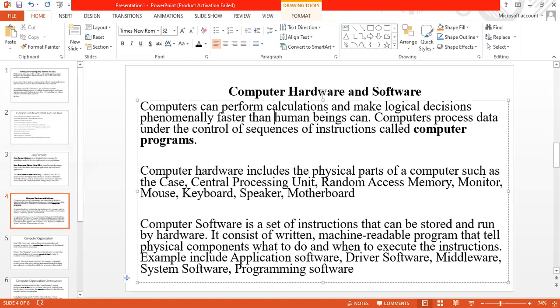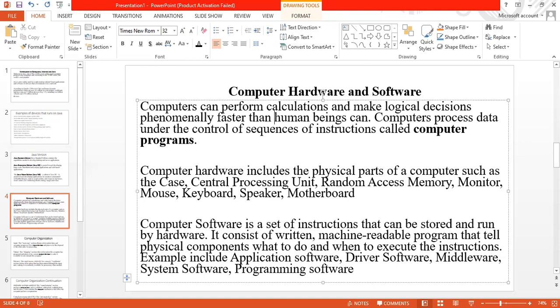While the computer software is a set of instructions that can be stored and run by the hardware. Don't forget, I've defined what our hardware is, and I've given an example. They are the physical things that we can see. So to every instruction that we want to give our computers, we have to input it.